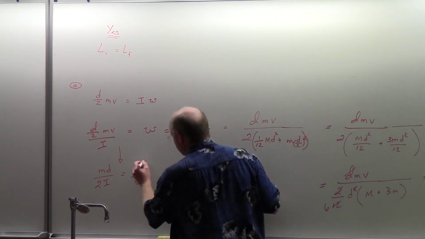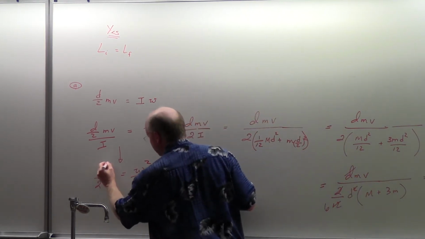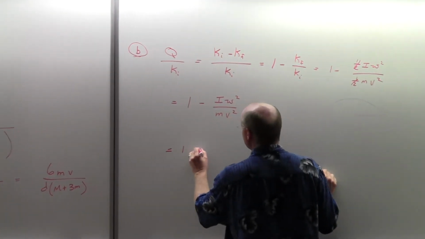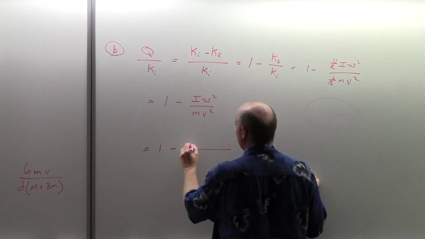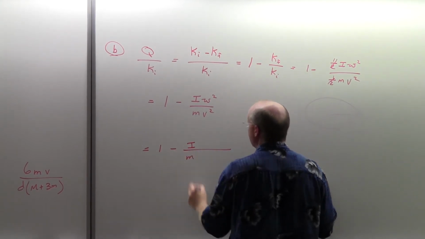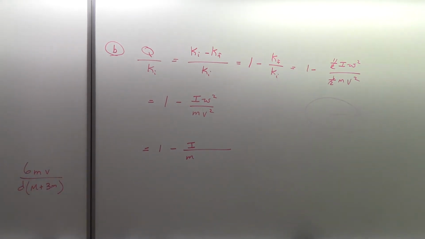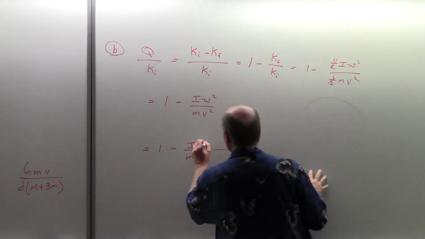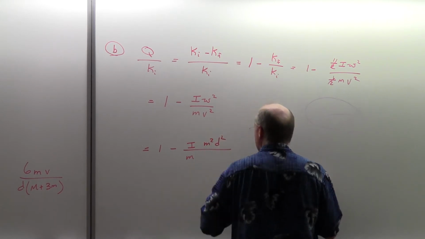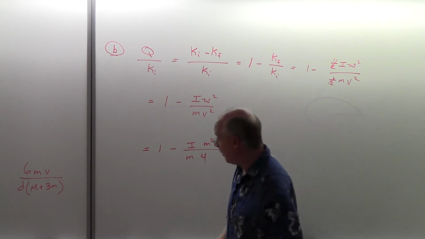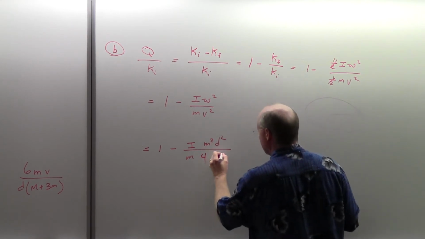So if I were to square everything, that's what I want to put over here. So this is 1 minus, and I'll leave the I and the m alone, but the omega squared over v squared is an m squared and a d squared and a 2 squared, which I'm just going to write as a 4, and an I squared.